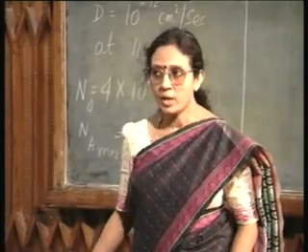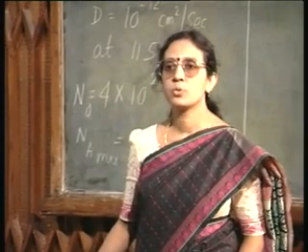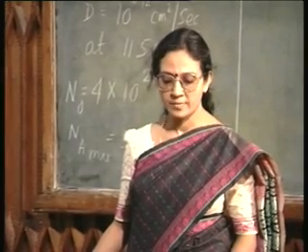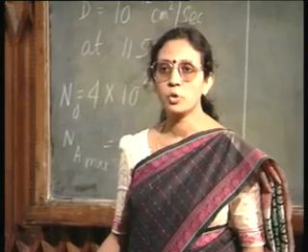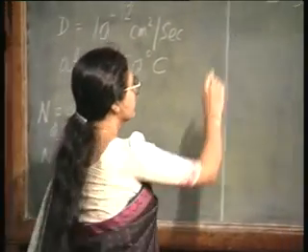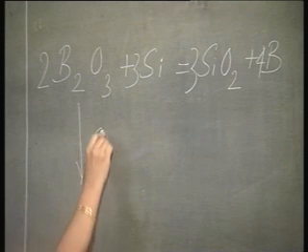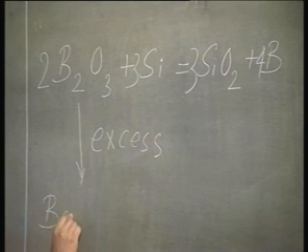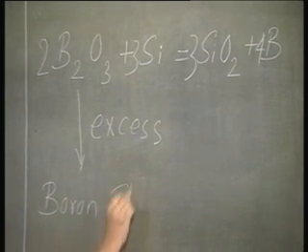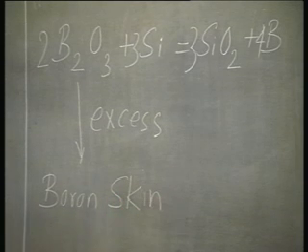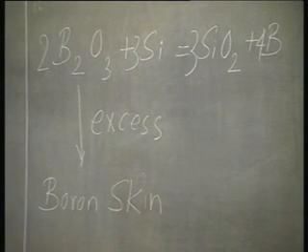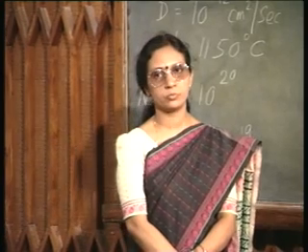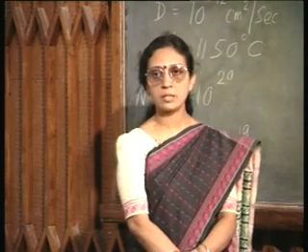Because if you have only B2O3, excess B2O3 will form a dark brown surface layer, which is called the boron skin. It will form a dark brown layer on the silicon surface, which is very difficult to remove. So, your surface will get completely spoiled.